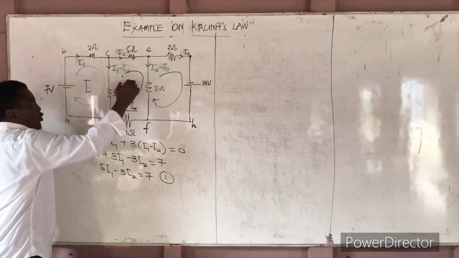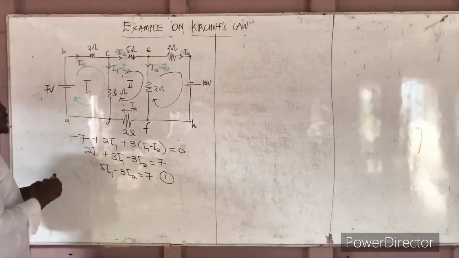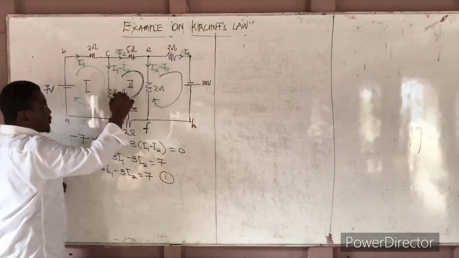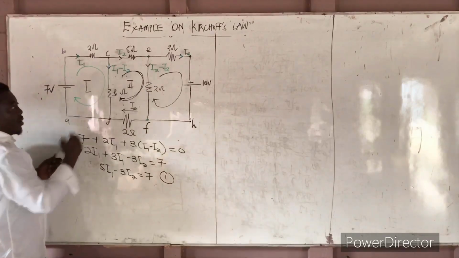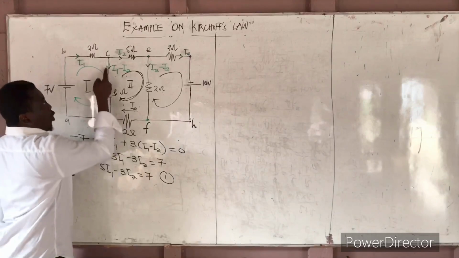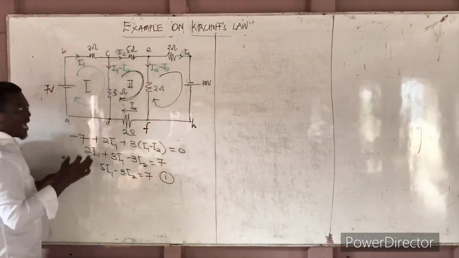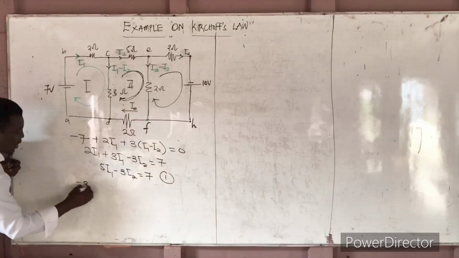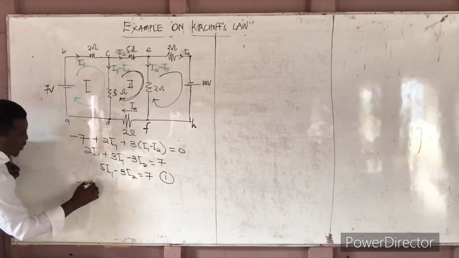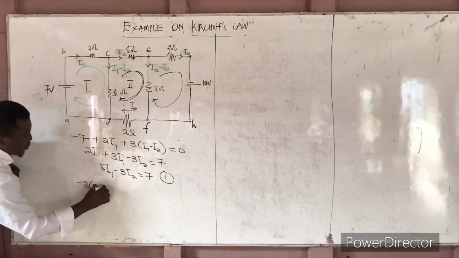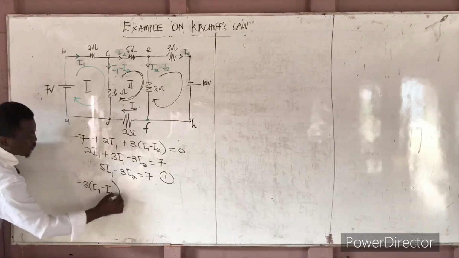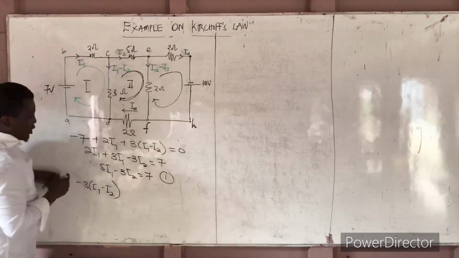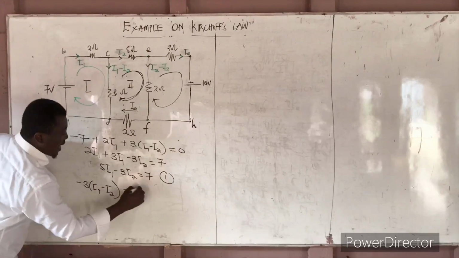Let's come to the second loop. If you take this loop, the arrow will be opposing this current, so that is going to be negative. You are going to get negative 3 times (I1 minus I2). Then the loop is in the same direction as I2, so you get plus 5I2.